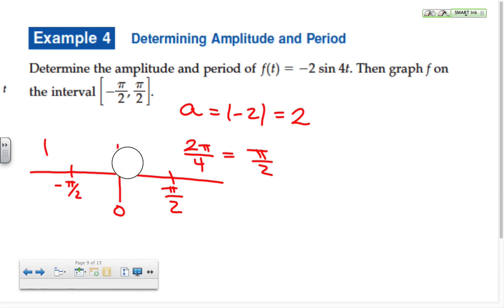The other thing we need to pay attention to is the period, and 2 is the amplitude. So this is 1, 2. Here's my 1, 2.